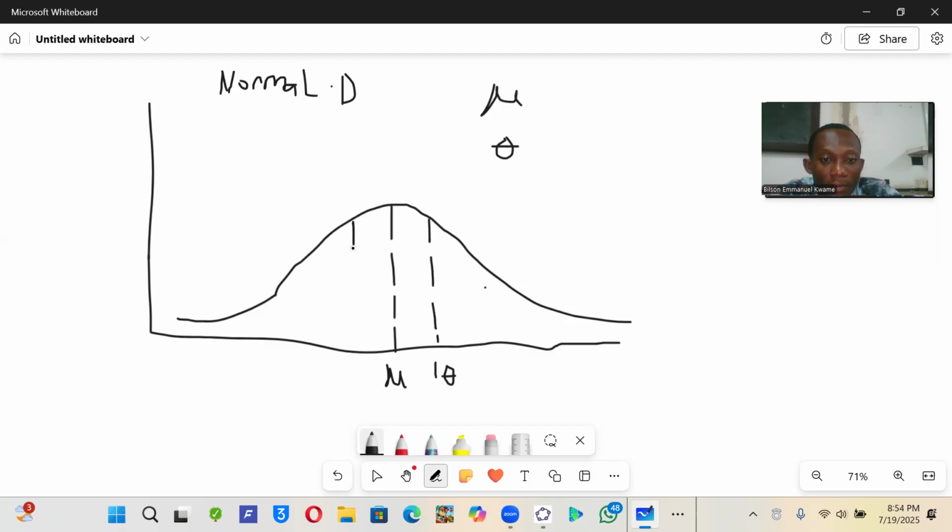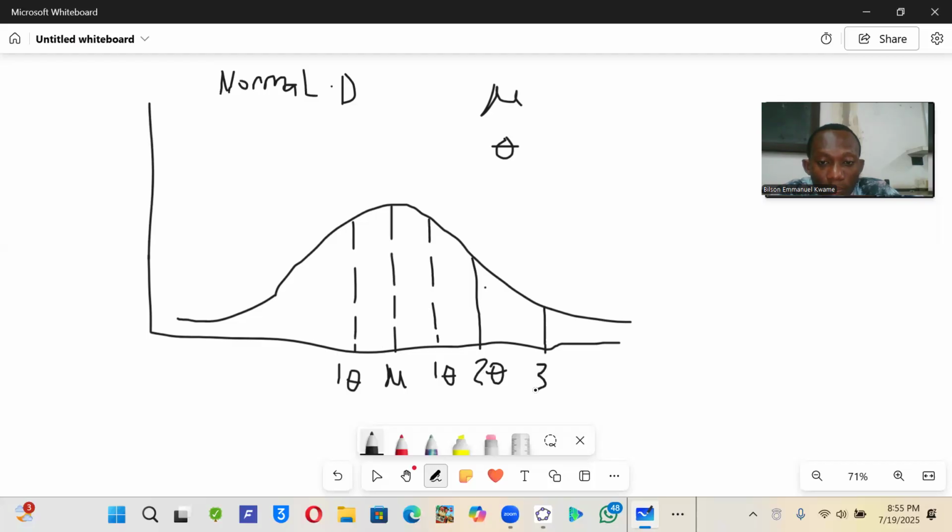So what I'll be having at my left-hand side will also be 1 multiplied by the standard deviation. When I go to this side, it will be 2 multiplied by the standard deviation. Do you get it? Then when I go to this side, it will be 3 multiplied by the standard deviation.